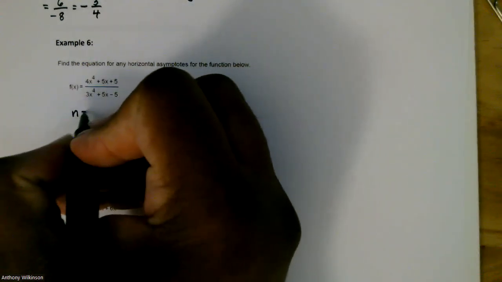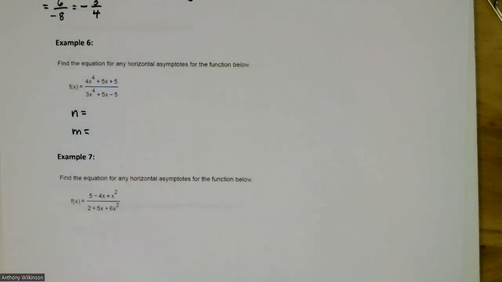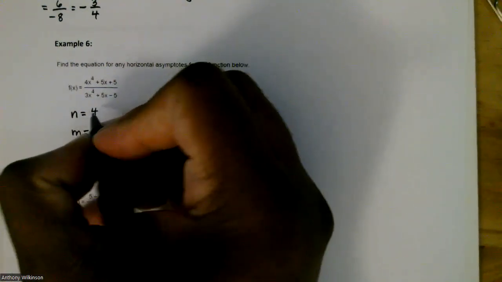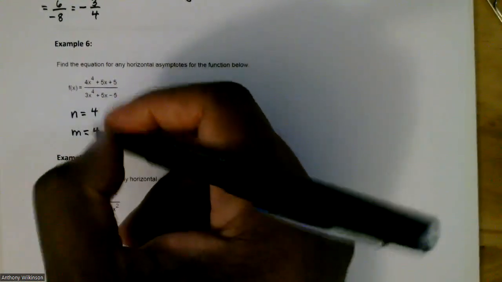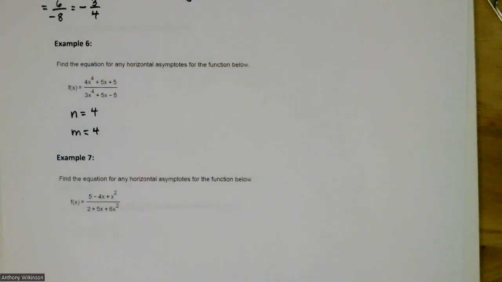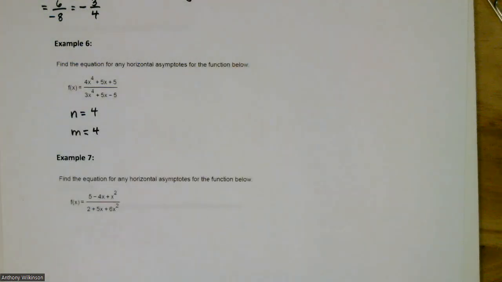All right, so we look at the highest exponent in the numerator and the highest exponent in the denominator. The highest exponent in the numerator is going to be 4. The highest exponent in the denominator is also 4. So here, your degrees are the same. So that means we can get our horizontal asymptotes from these leading coefficients of the variables to the highest exponent.